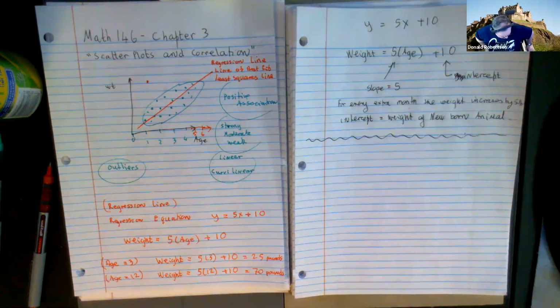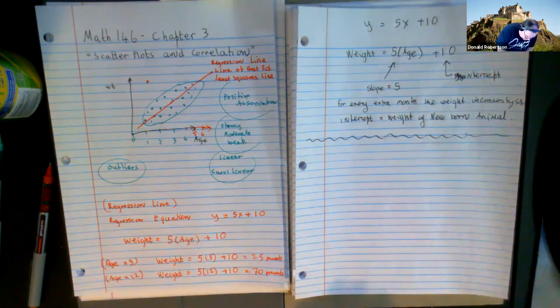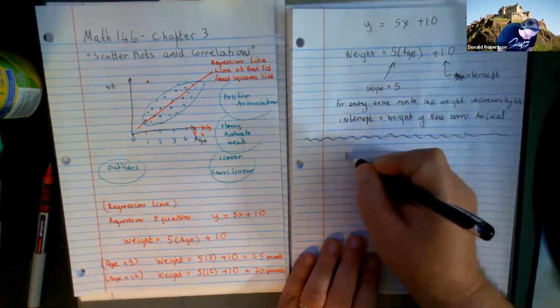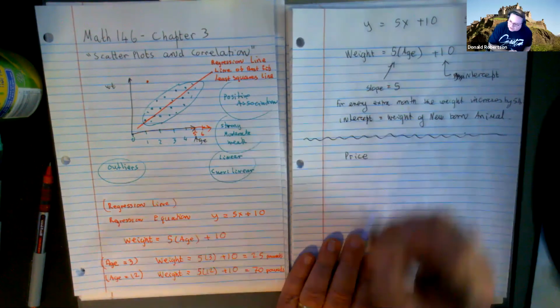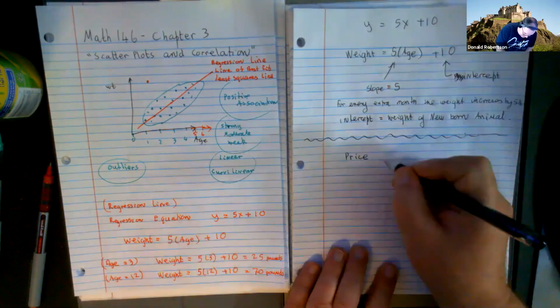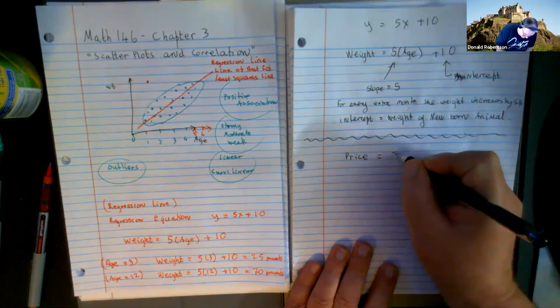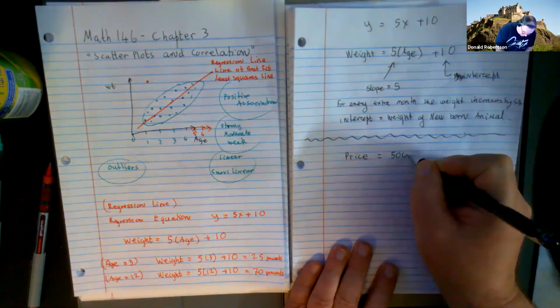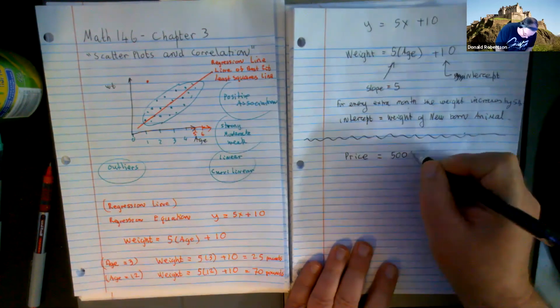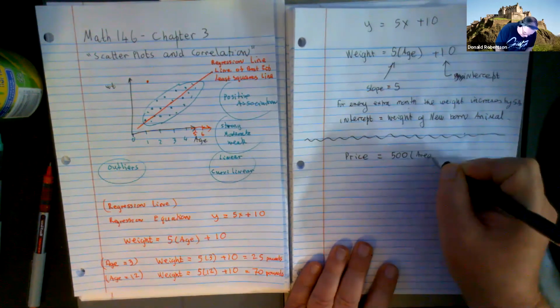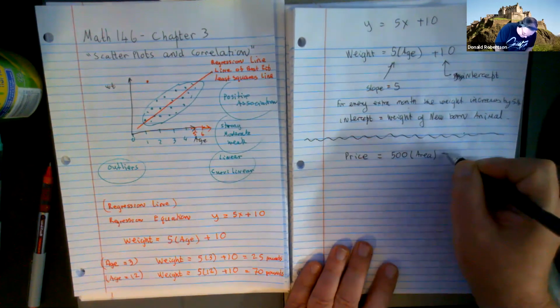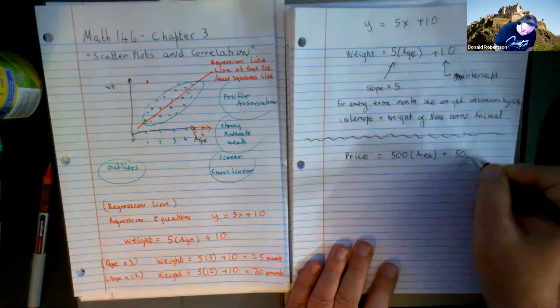And in this one, we're going to do the price at which a house is going to sell at is 500 times its area plus 50,000.